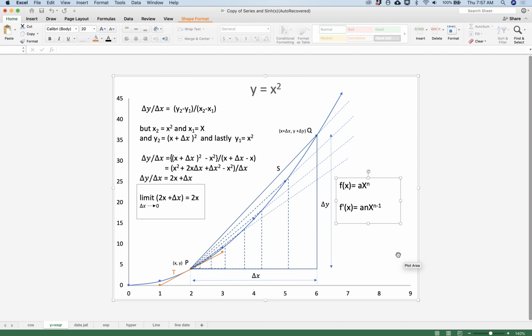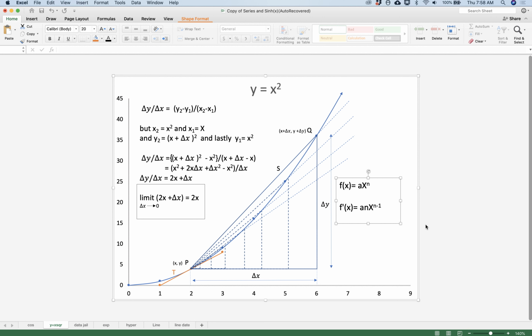And that's a generalization. So if we start out with any polynomial function of any power multiplied by any constant in front of it, the derivative of that function will be a times n times x to the n minus 1. So you always reduce the power by 1, and the value of the exponent becomes a multiplier in front of x.